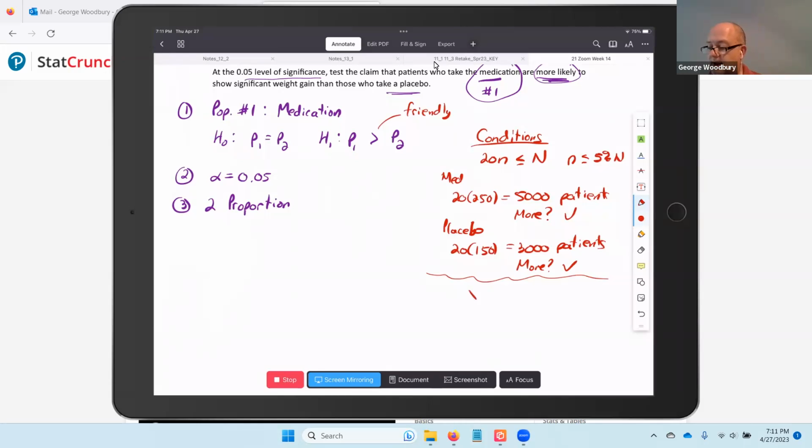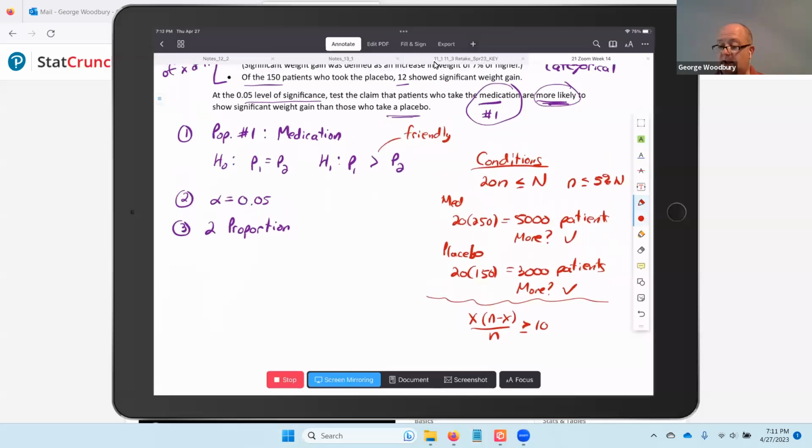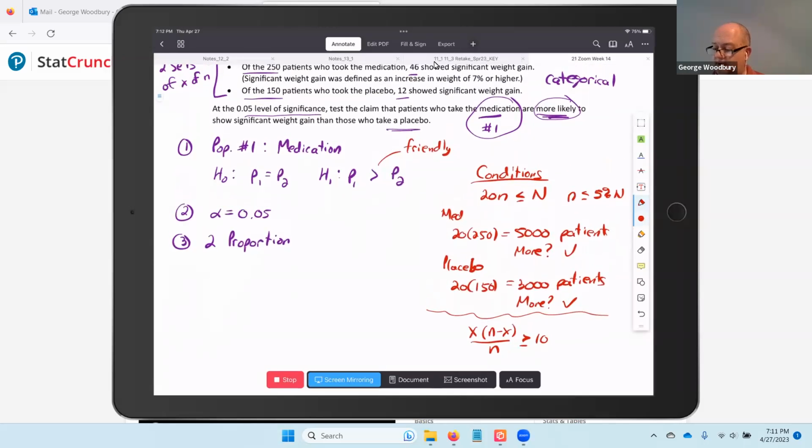And that's by checking that X times N minus X divided by N is greater than or equal to 10 for each of the two samples. Now, in this case, this is listed in the book that way instead, but it's a lot harder to work out the arithmetic there and get an exact answer. So the fraction that I've given you, X times N minus X over N, is exactly the same, but a lot easier to work with.